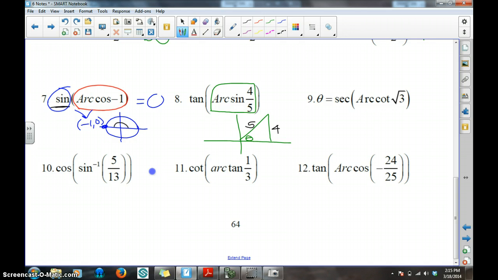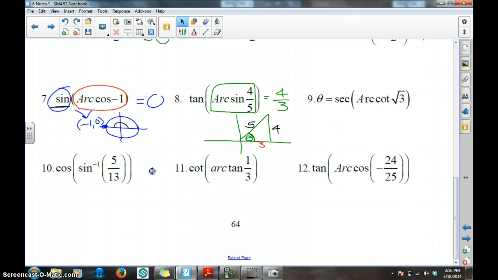That means its adjacent side would be a 3. This is the angle. I have no idea how big it is, but can I take its tangent? I can. What would its tangent be? Here's the angle. Its opposite side is a 4, and its adjacent side is a 3. 4 over 3 is my answer.